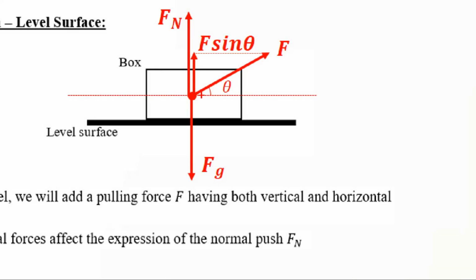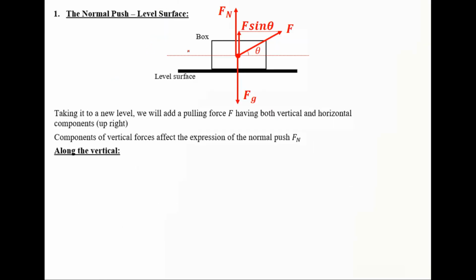Since theta is the angle with the horizontal, the horizontal component is F cosine theta, but the horizontal component does not affect the expression of the normal push. However, the vertical component, which is F sine theta, would affect it. Because this is acting up, it helps the normal push, and by that the value of the normal push will decrease.